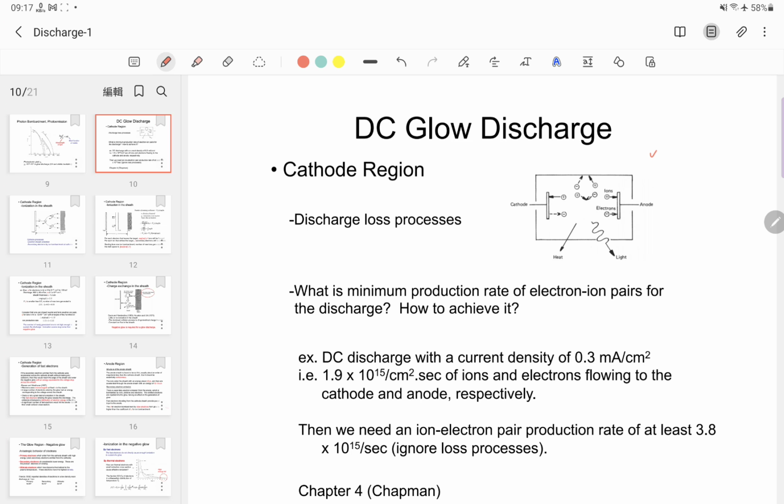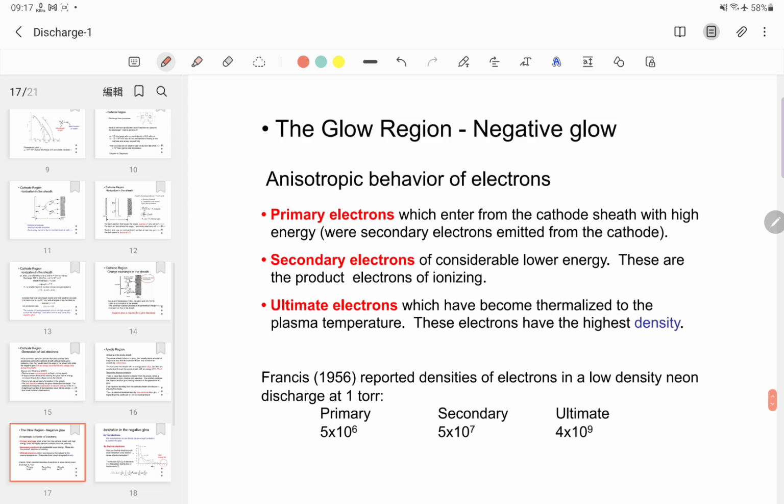Okay. So in the last hour, the class went through the cathode region and the anode region, and this hour will continue on the negative glow region.